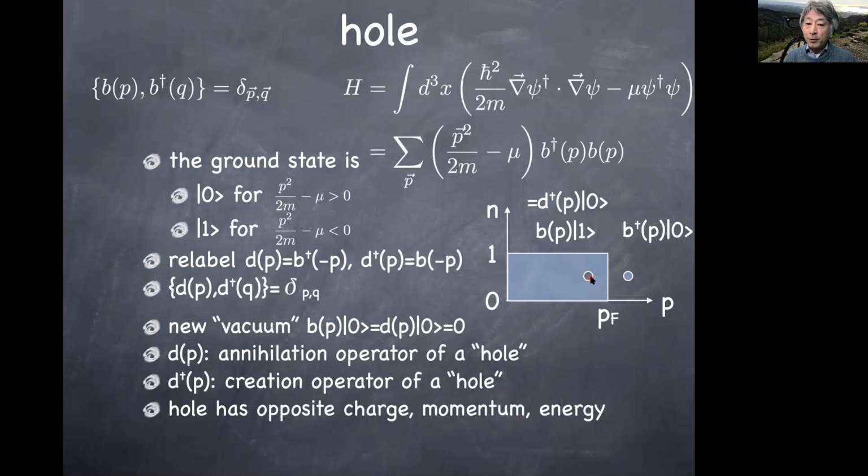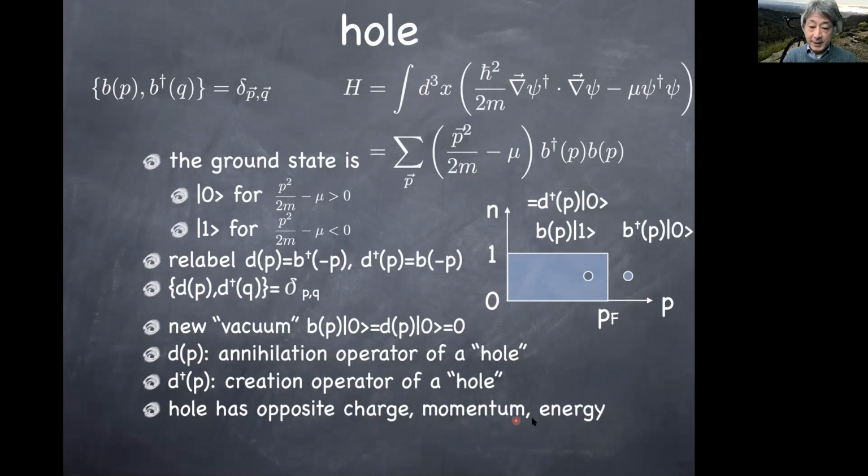But because the hole refers to the absence of the particle, the hole has an opposite electric charge, opposite momentum, and opposite energy. Opposite charge means that if you are talking about the hole of an electron, that's an absence of the negative charge of the electron. So the hole has a positive charge.